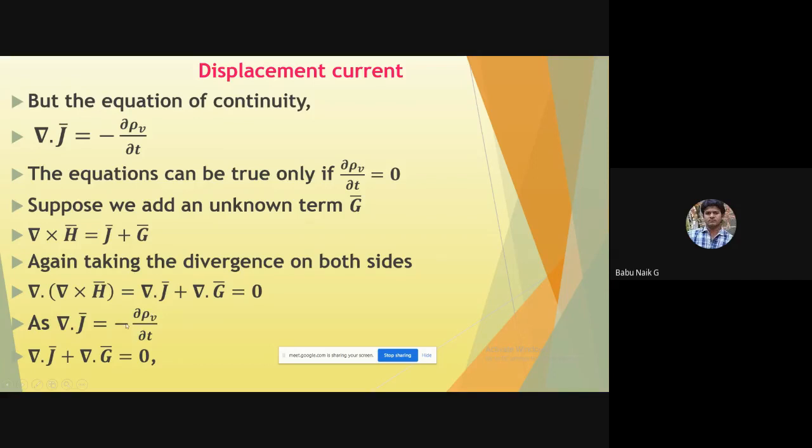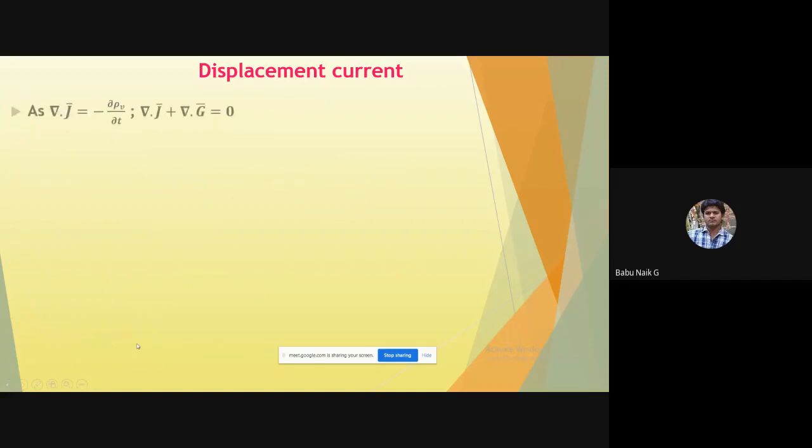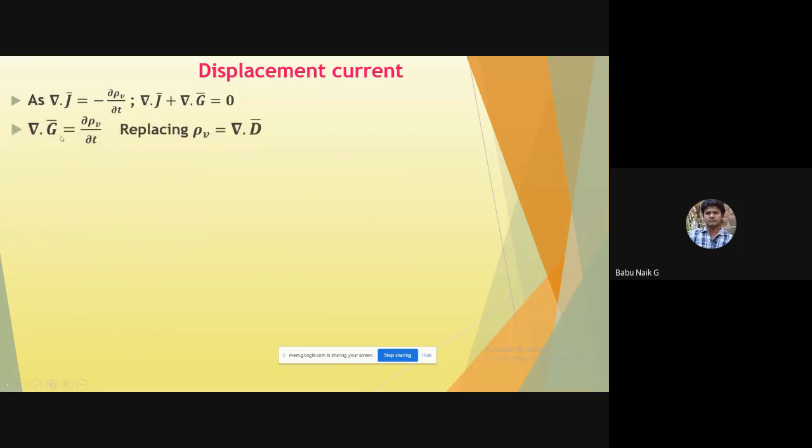You can substitute del dot J bar as minus dou rho v by dou t in this equation. After substituting, you will get del dot G bar is equal to dou rho v by dou t.